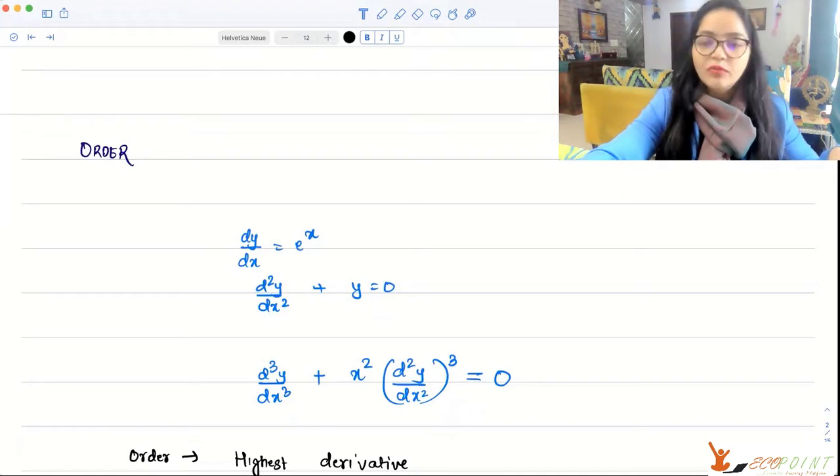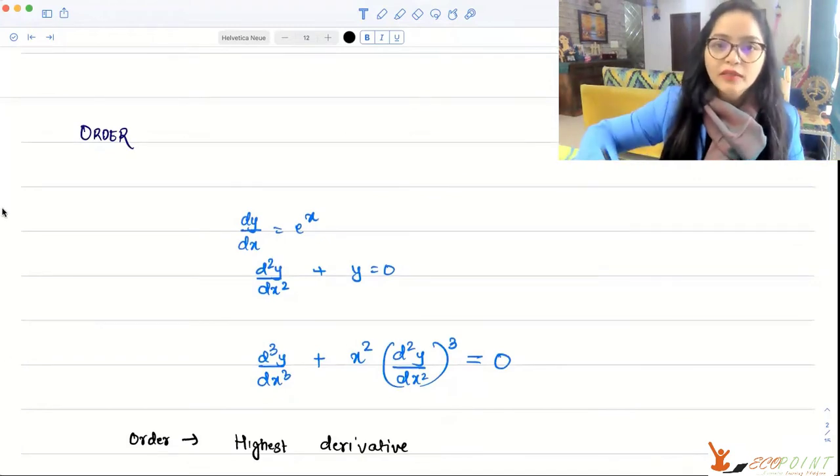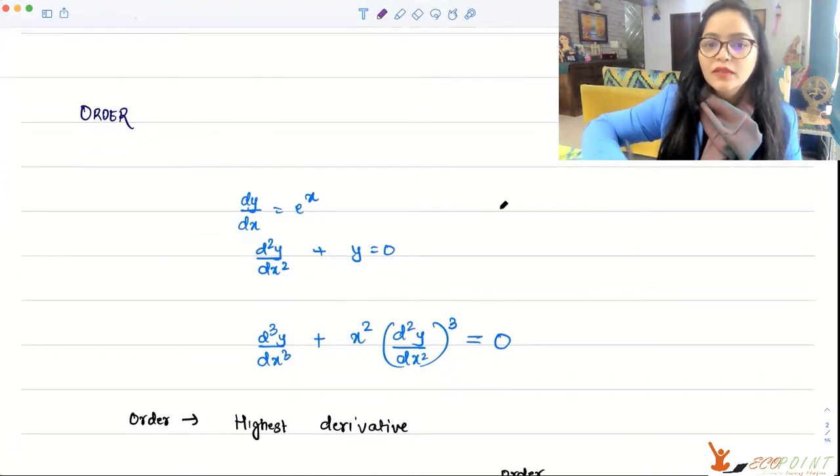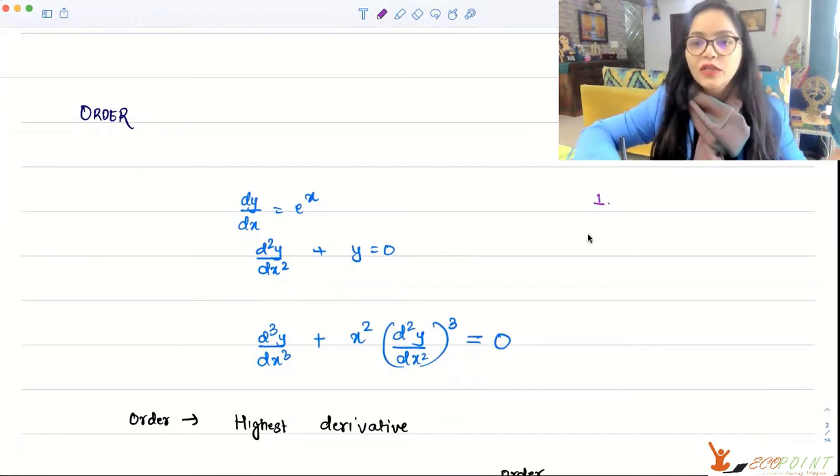Order, you have to remember, is the highest derivative in the equation. So if we talk about the first one, the highest derivative in this equation is of order 1, so you just have dy by dx. So the highest order is order 1. d2y upon dx square is the highest here, so the order here is 2.